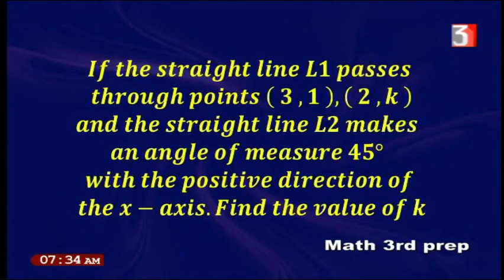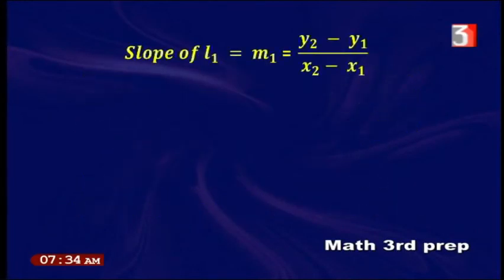So to find the value of K, we have to find the slope of L1 first, which is M1, which is equal to y2 minus y1 over x2 minus x1. Then you can find the value of the slope.